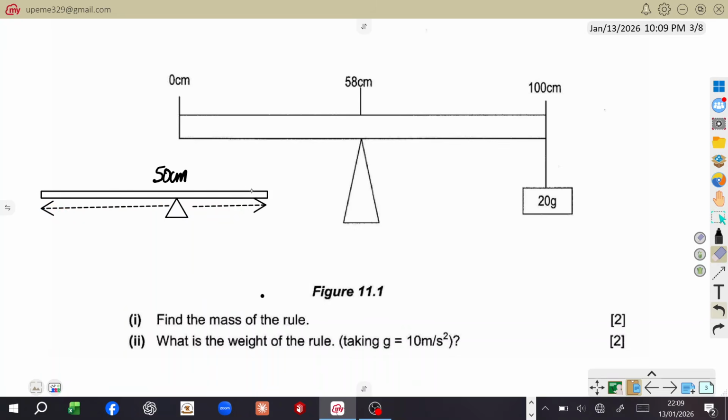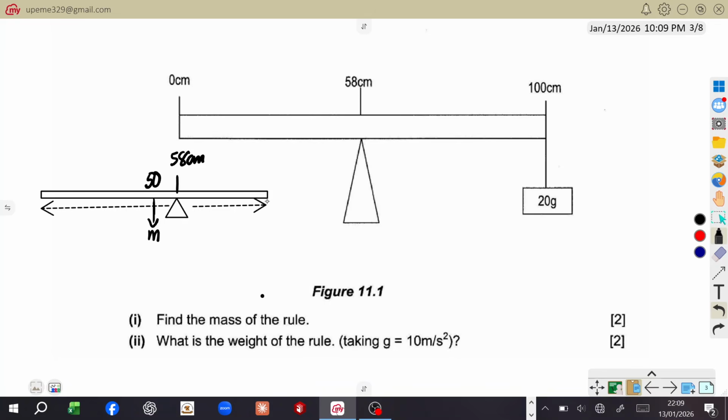It's quite longer. So the center has remained at 50. That's where the mass is. So here it is at 50, that's where the mass is. Then here we are at 58, as seen in the diagram.